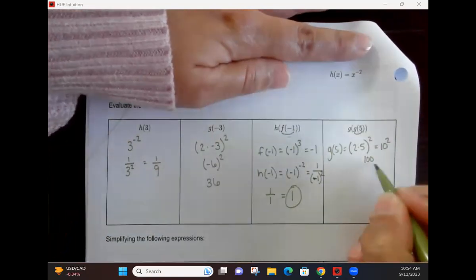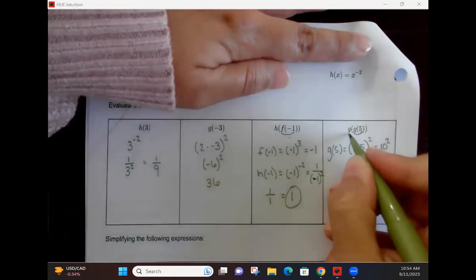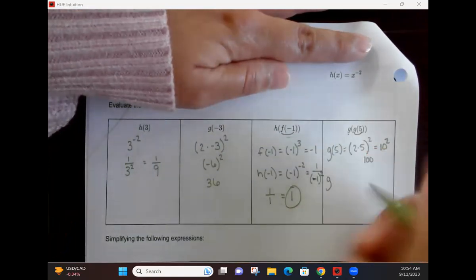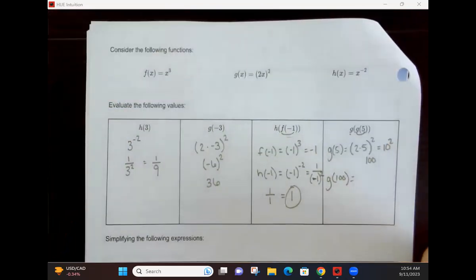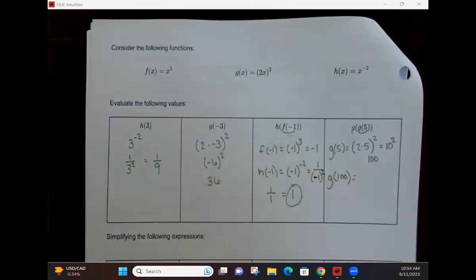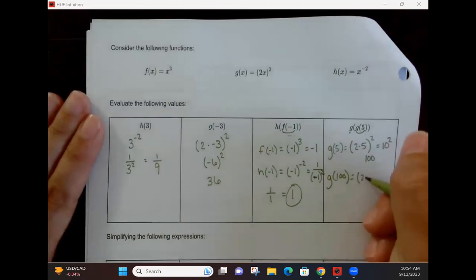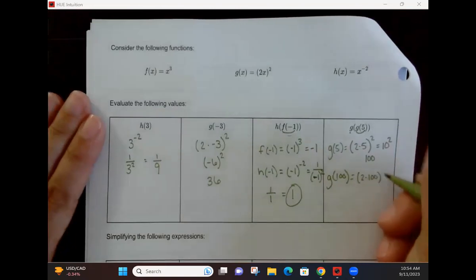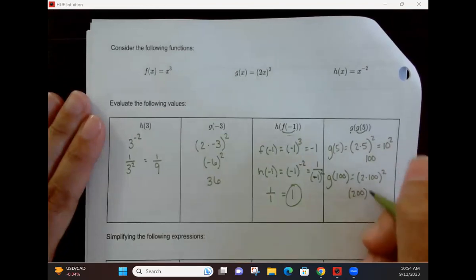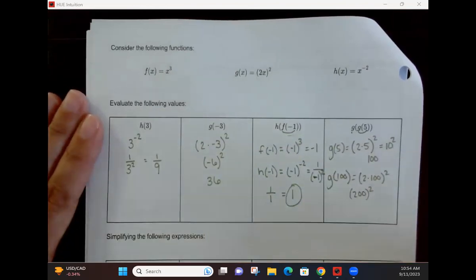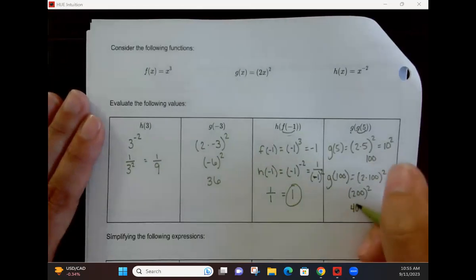And now we use this as our input in our outside function, which for this one is also g. So g of 100 now. So that means I would do 2 times 100 squared. So that's 200 squared, which would be 40,000.